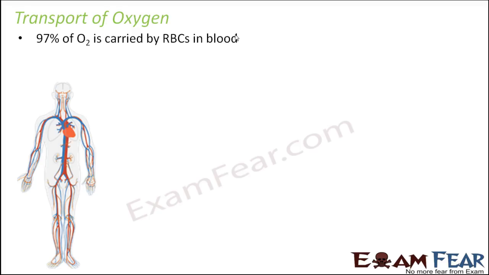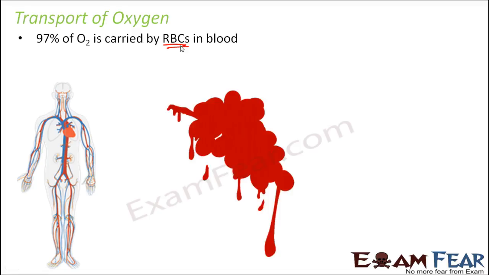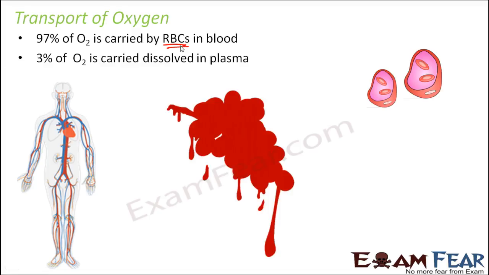So let us see which component of blood actually helps in transporting oxygen. 97% of oxygen is carried by RBCs, so RBC does most of the work. However, the remaining 3% is carried dissolved in plasma. Plasma is the watery, fluid-like component. So only 3% is carried in the plasma, and the rest 97% is carried by the red blood cells.